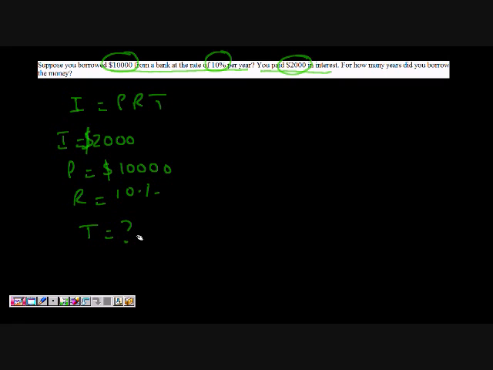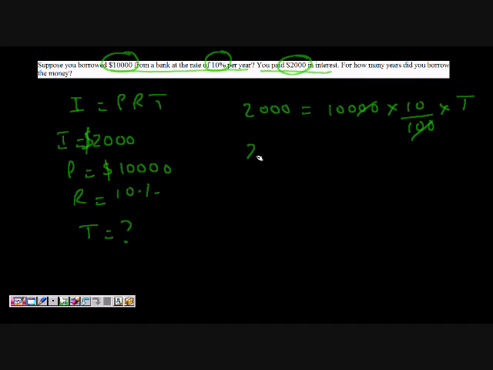T is how much? So we know that I is 2,000. 2,000 is equal to 10,000 principal into 10 by 100. That's the rate of interest into time T. Okay. So these two cancel out.